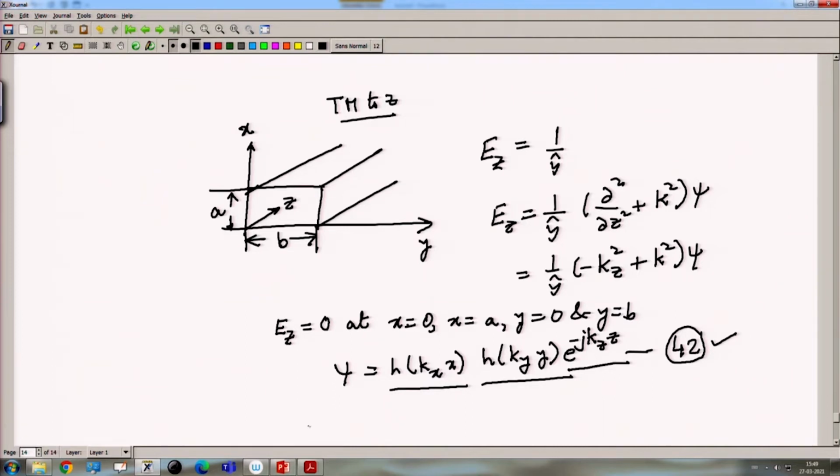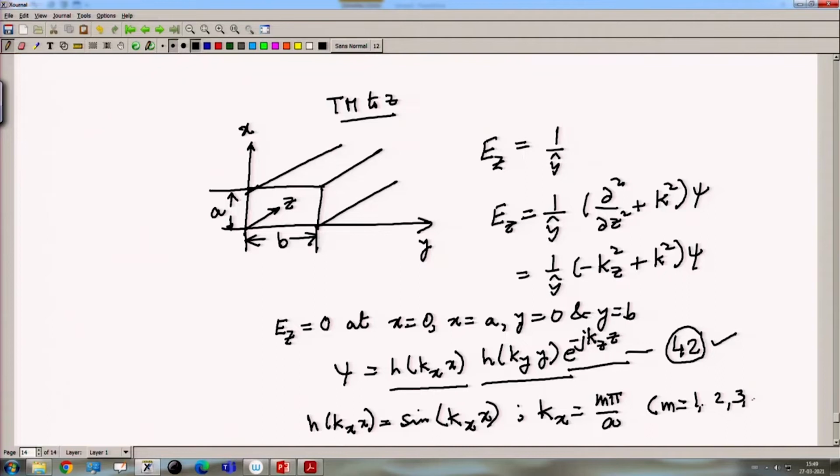So, h k x x has to be given by sin k x x in this case with k x given by m pi by a, m equal to 1, 2, 3.